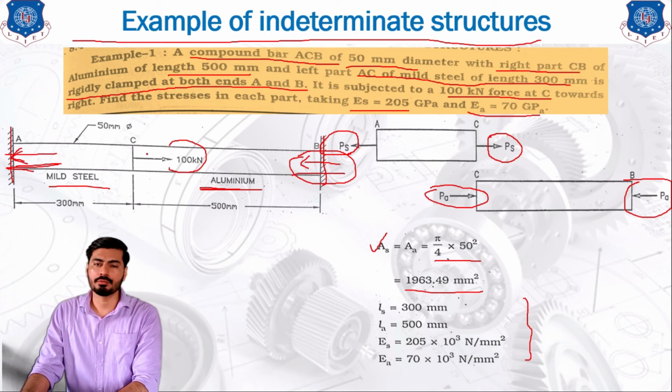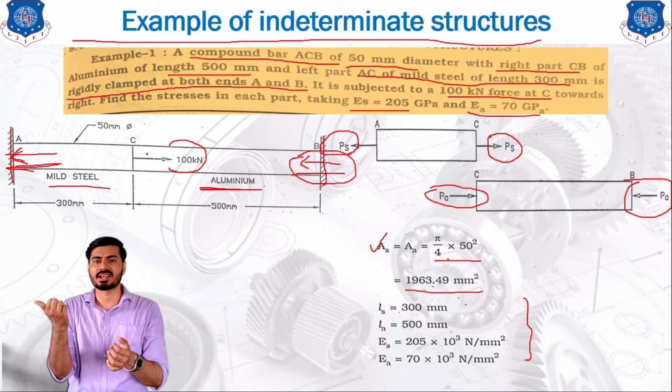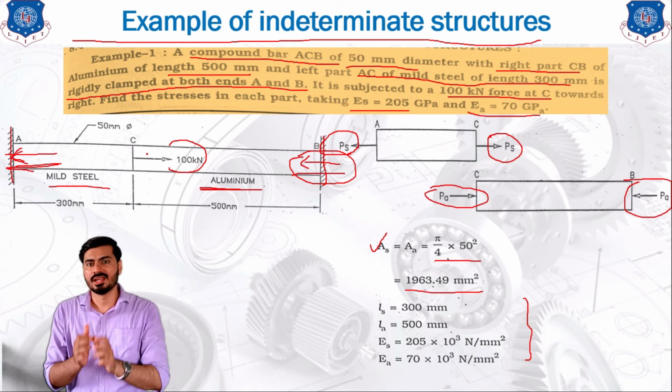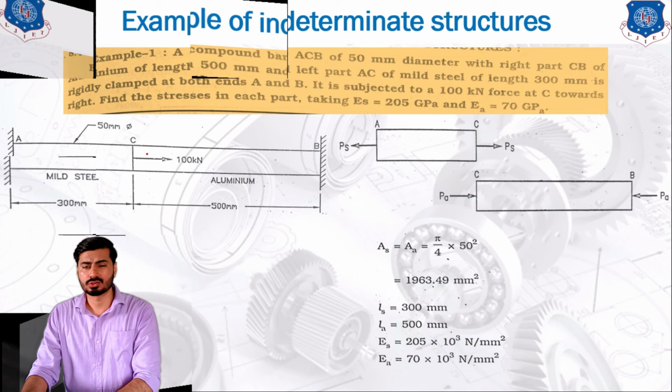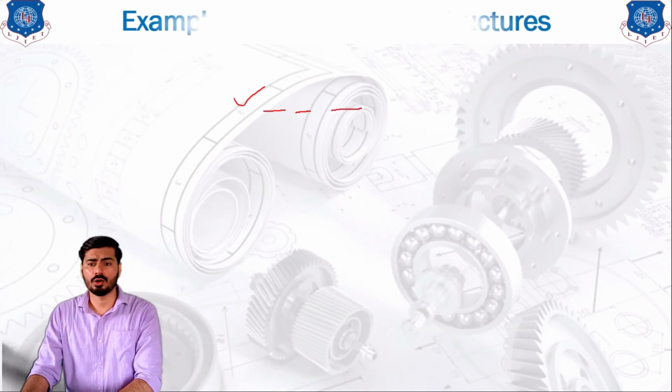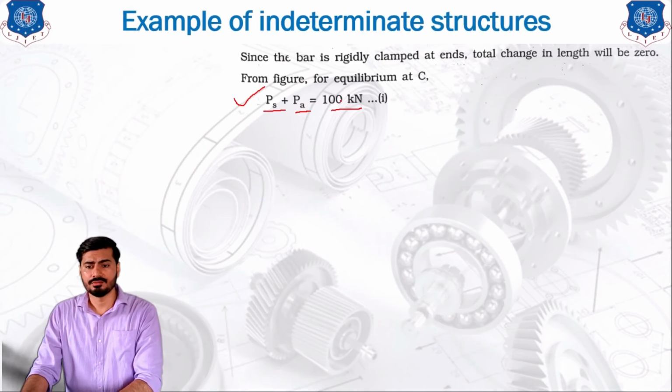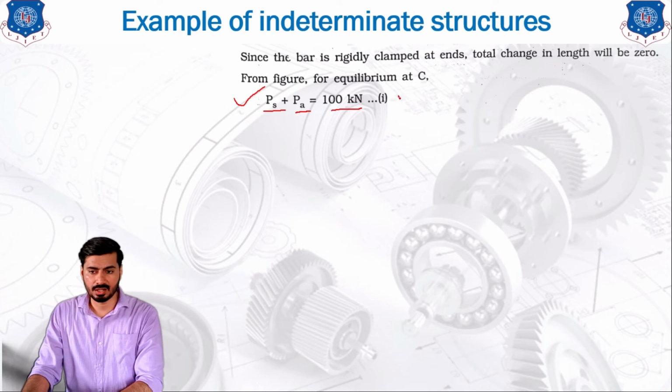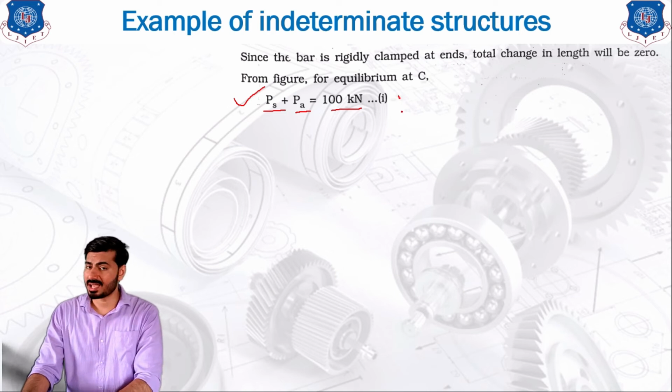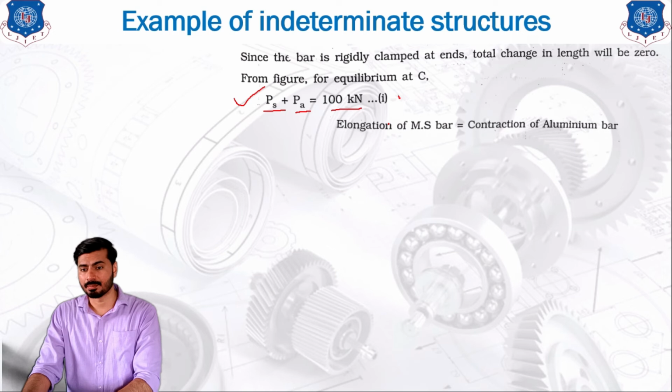So if you simplify that the right hand side force equals the left hand side force, then also you will get this relation. This is the basic logic, and based on that logic we have used relation number 1. So this is our first step to calculate this type of example.